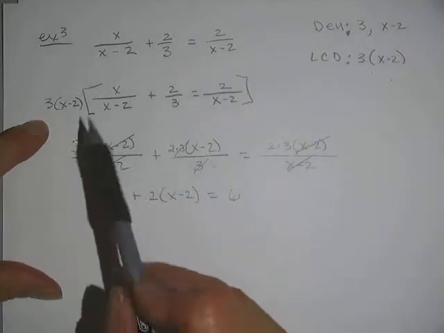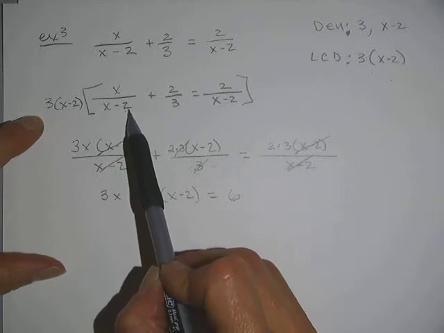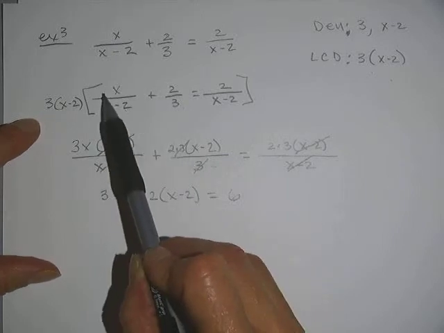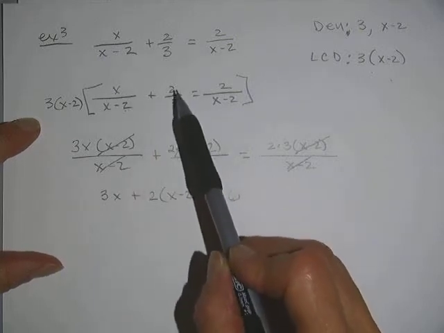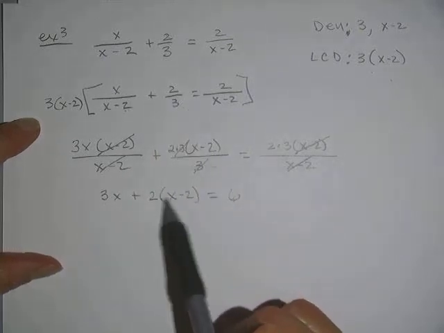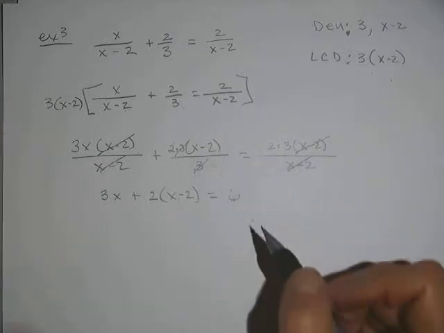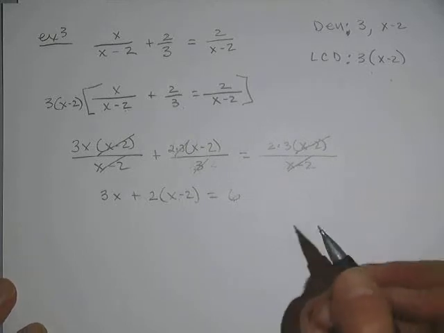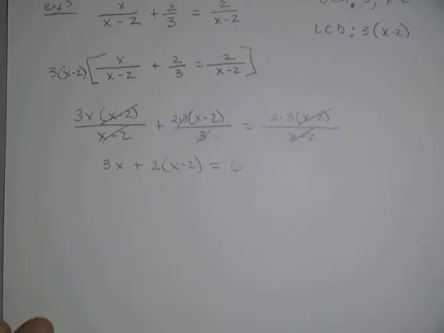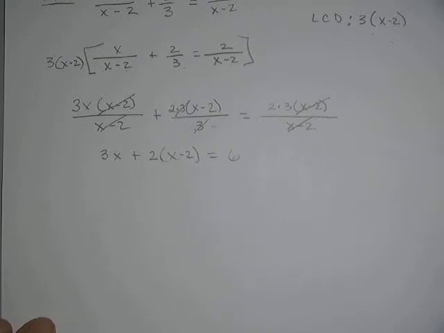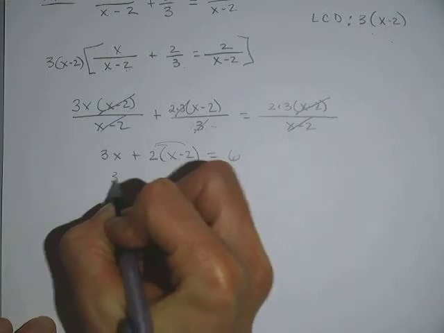Let's go back to our original problem up here. I could have saved myself a step by realizing that this one right here is missing the 3. So I multiply top and bottom by 3, and I'm just going to be left with a 3x. This one's missing the x minus 2, so it's just 2 times x minus 2. This one's missing the 3, so it's 6. Now what's my next step? Now it's just an equation.